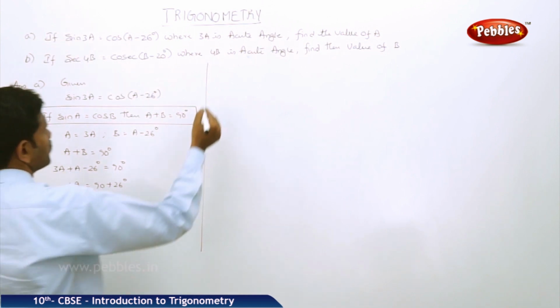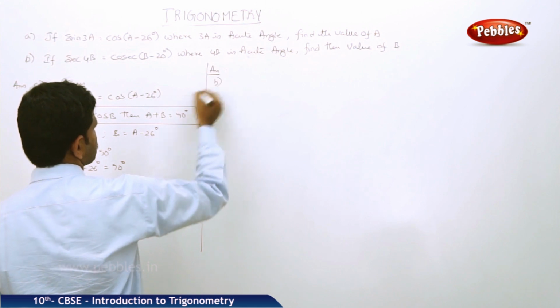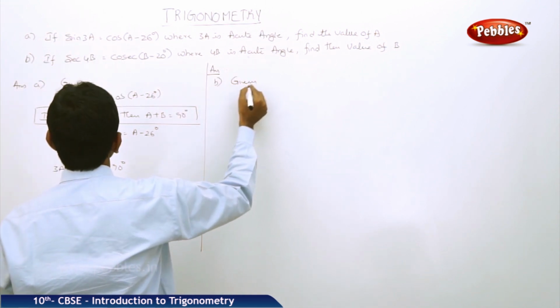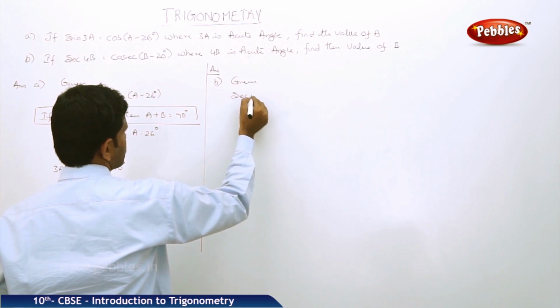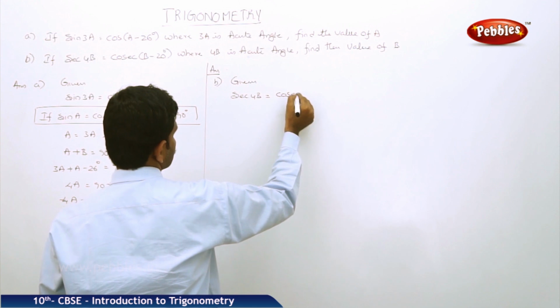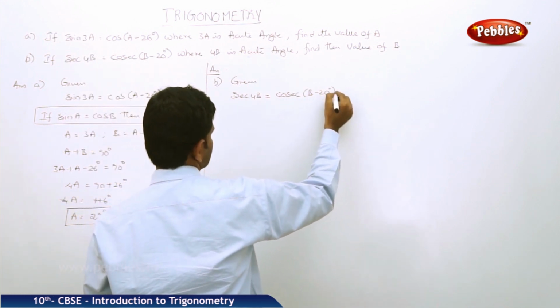Come to the similar answer for B. Given secant 4B is equal to cosecant B minus 20 degrees.